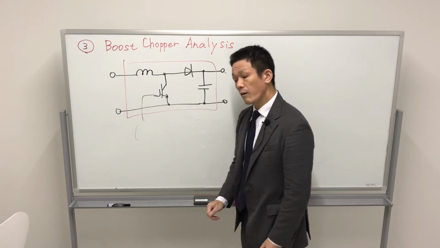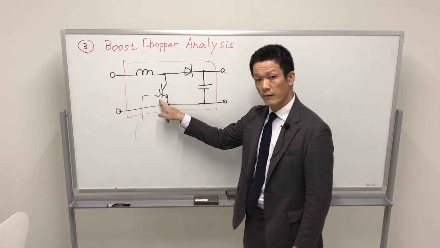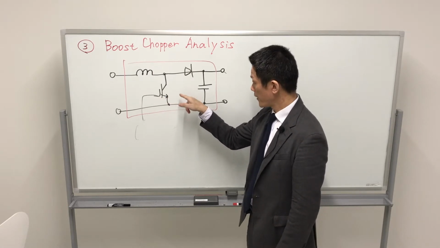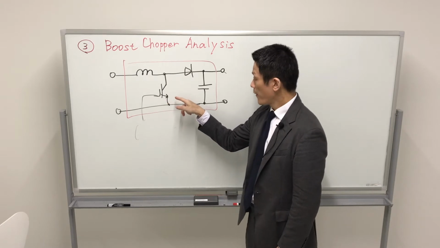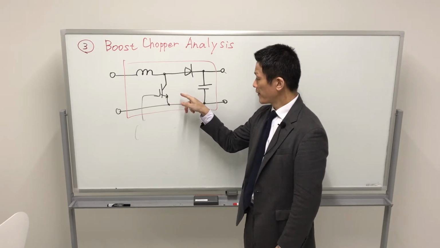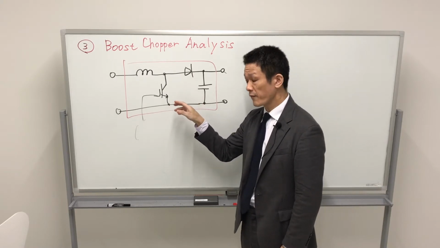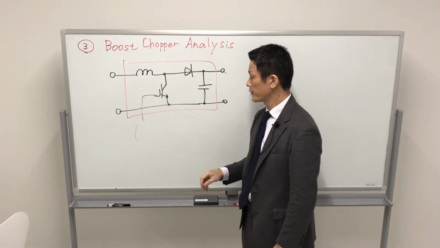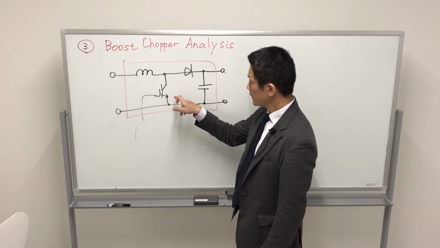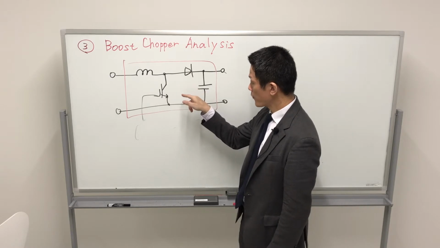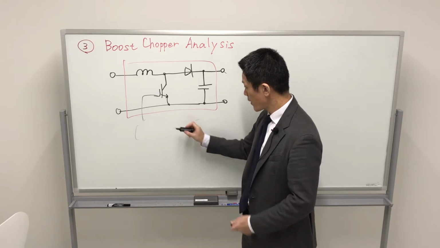Because it is very easy, we can see that this IGBT is a famous switching device for the power electronics area. But we can look at it as only a switch.